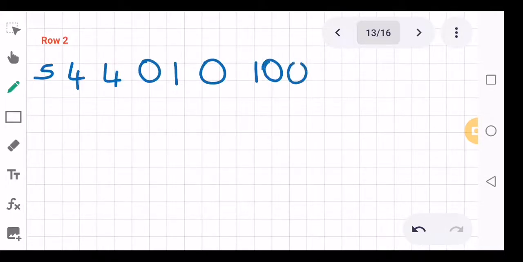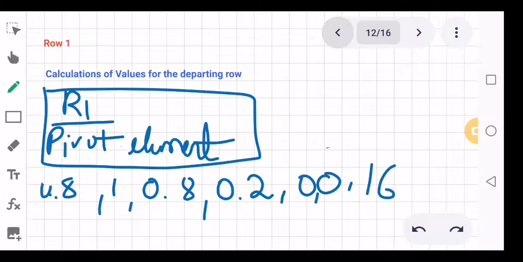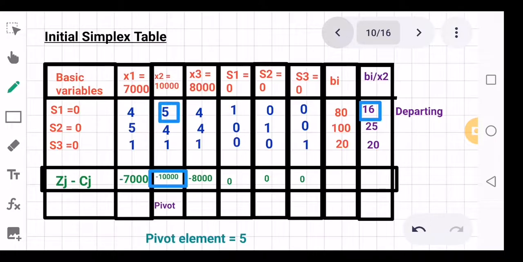These are the values of S2, that is, in row 2. I got these values from this table.